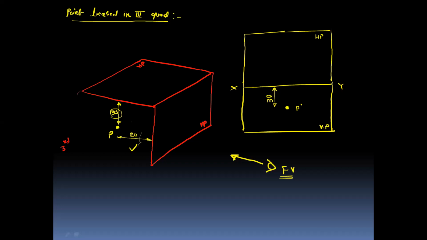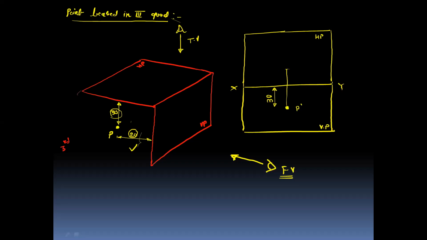Now from the P dash, draw the projector, that is continuous thin line, and at distance 20 mm. So if you observe from the top direction, then the distance visible from the top direction is 20 mm. 30 mm is not visible from the top view. It is only visible from the front view.